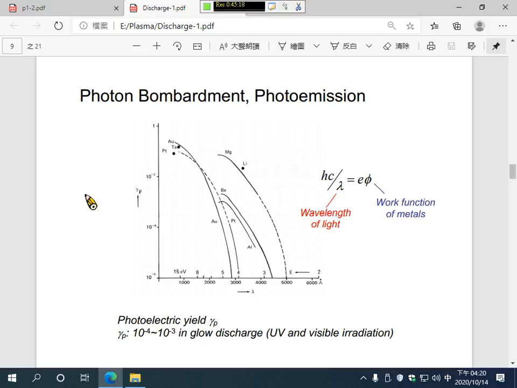And if the energy of the photons is higher than the work function of a solid material, you can also get electrons coming out from the solid surface. Okay, work function here. Okay, let's take a 10 minutes break.